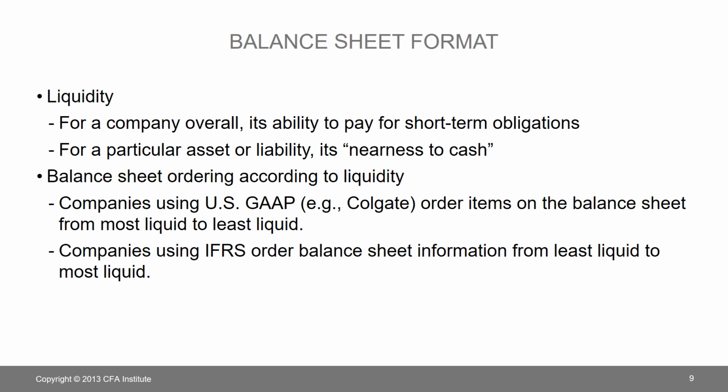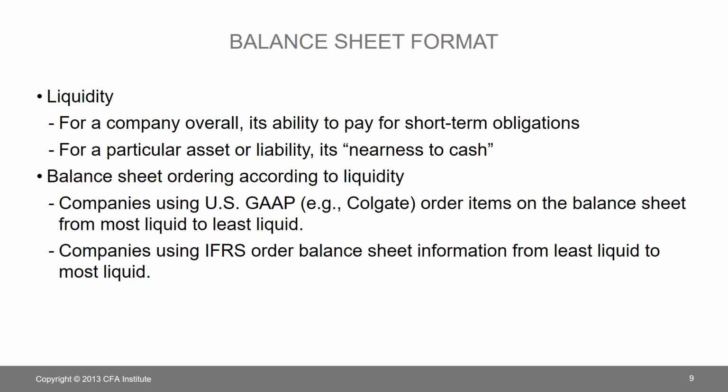Now, when it comes to the ordering according to liquidity, in general, financial statements prepared in accordance with the IFRS present balance sheet information in the reverse order of liquidity compared with US GAAP. For example, using IFRS, assets are presented starting with the non-current assets followed by current assets.